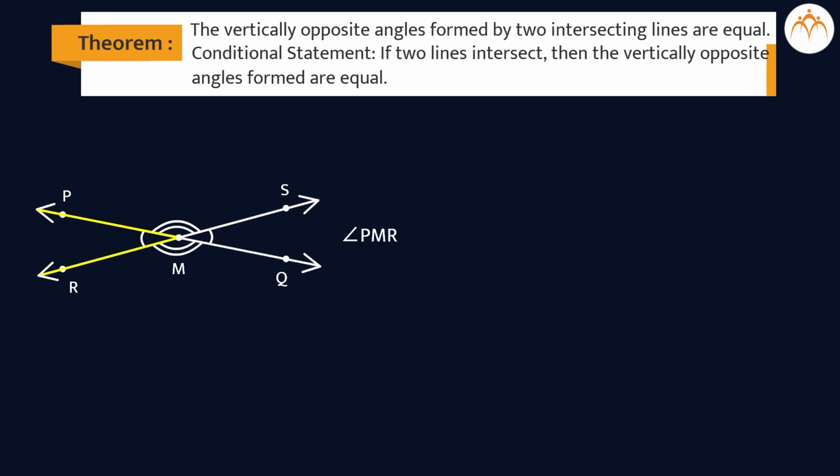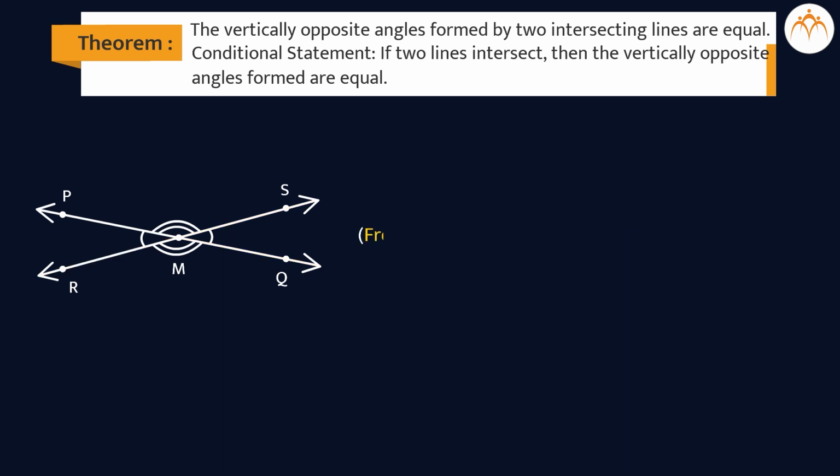Angle PMR plus angle QMR is equal to 180 degrees. Now this is equation 3 because it's a linear pair. Angle QMR plus angle QMS is equal to 180 degrees. Now this is equation 4 because they are also a linear pair.